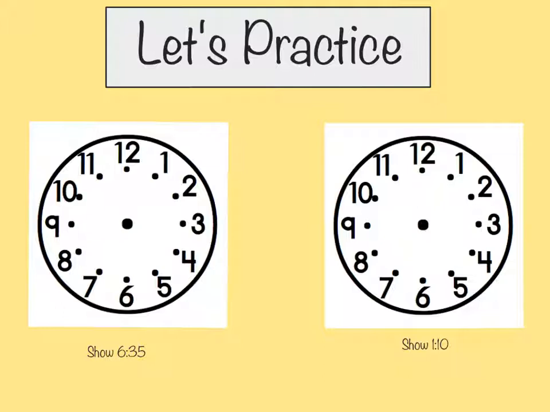The last thing we are going to go over in this video is some practice problems. If we look at the first practice problem on the left, it says to draw the time to show 6:35. The first thing we want to do is draw the hour hand. So we will draw the little hand pointing towards the 6, just like that.